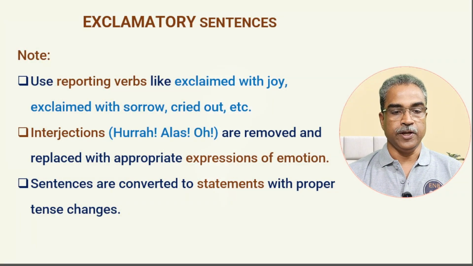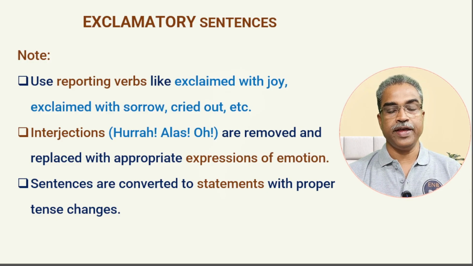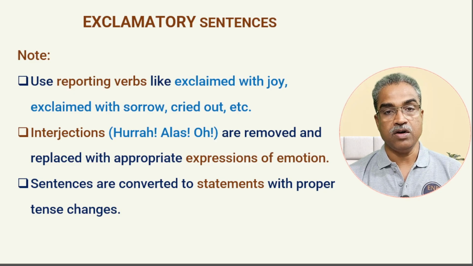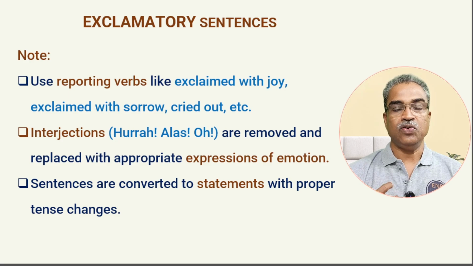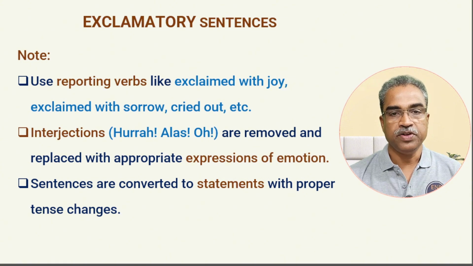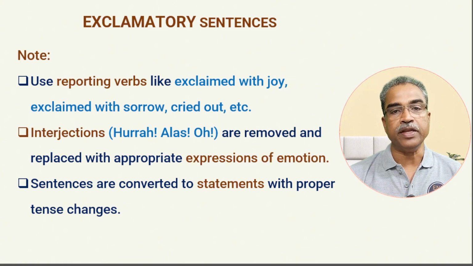Exclamatory sentences use reporting verbs like exclaimed with joy, exclaimed with sorrow, cried out, etc. These are some of the words that you can use to replace the reporting verb, which normally will be said, and which we need to replace according to the meaning.